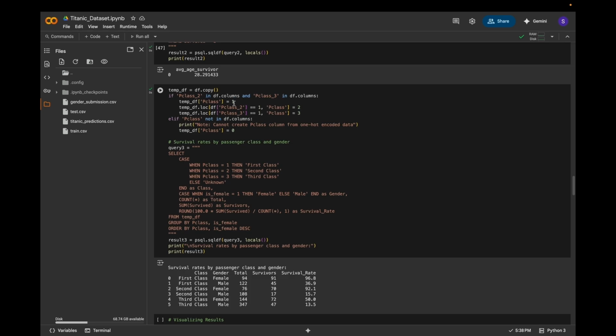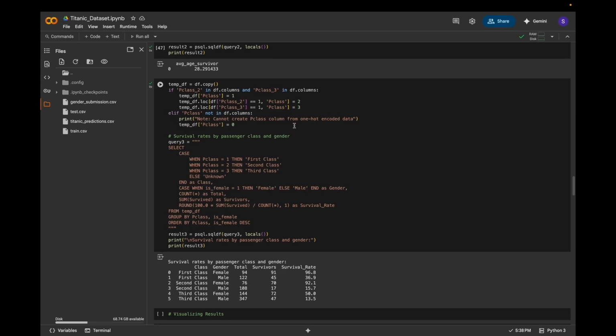Basically what this line of code does is reconstruct the original passenger class information from the one hot encoded columns, by having a passenger class column as a single column with values such as 1, 2, or 3, which allows for better analysis, as it makes the analysis more intuitive and allows us to read the results more clearly.